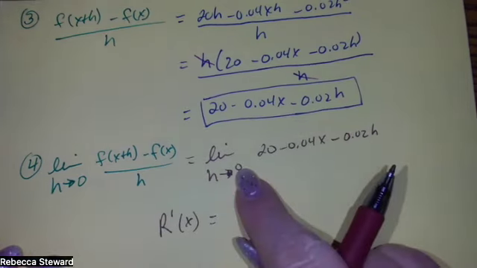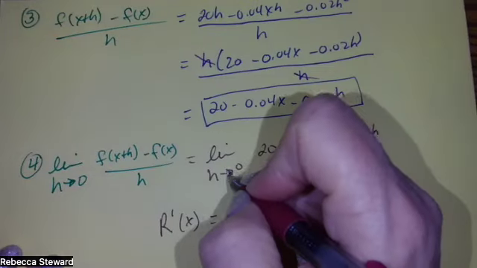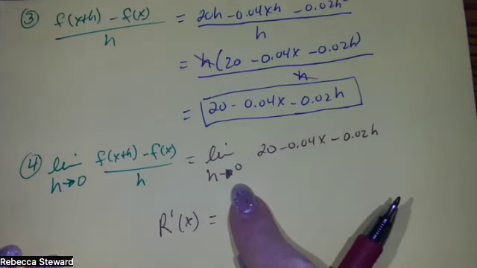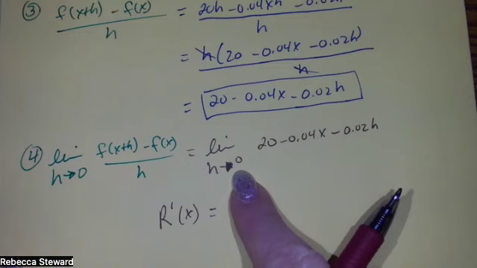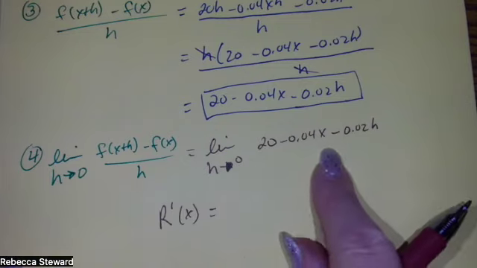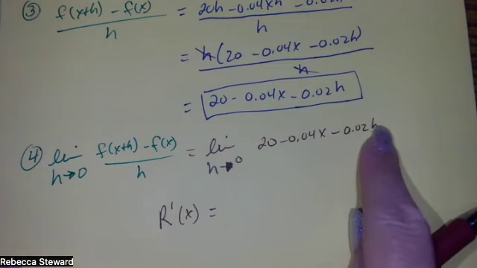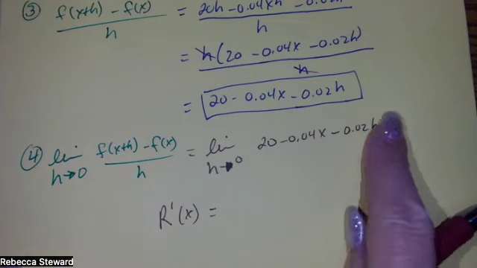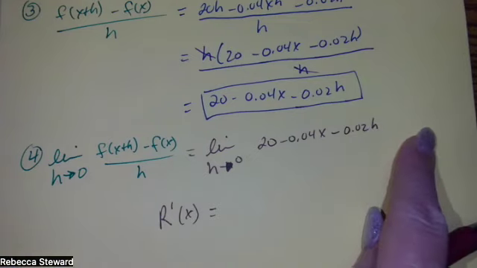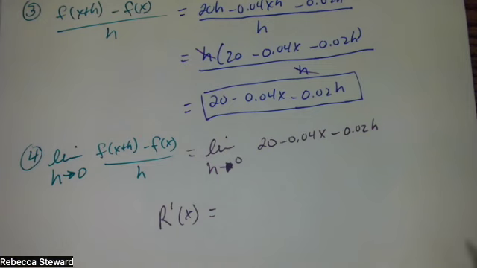And as h approaches 0, we're bringing in our prior knowledge about limits. That means h is getting really, really small as it approaches 0, going towards 0, which is what that limit means.